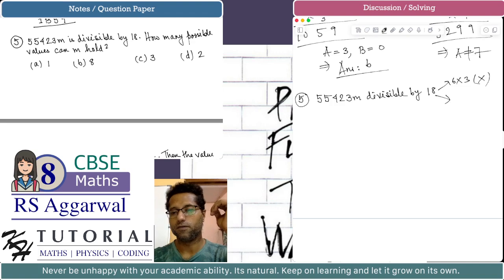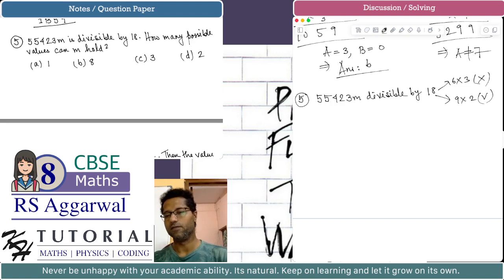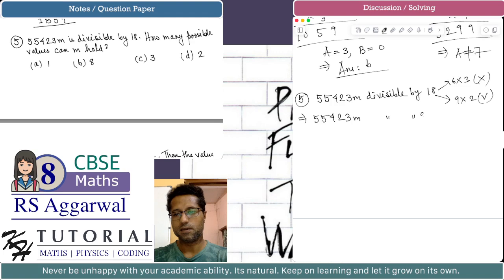Another factorization of 18 is 9 times 2. We will consider this because 9 and 2 do not have a common factor. So after we factorize, the given number must be divisible by all the factors. So this implies that 55423m must be divisible by 9 and 2.